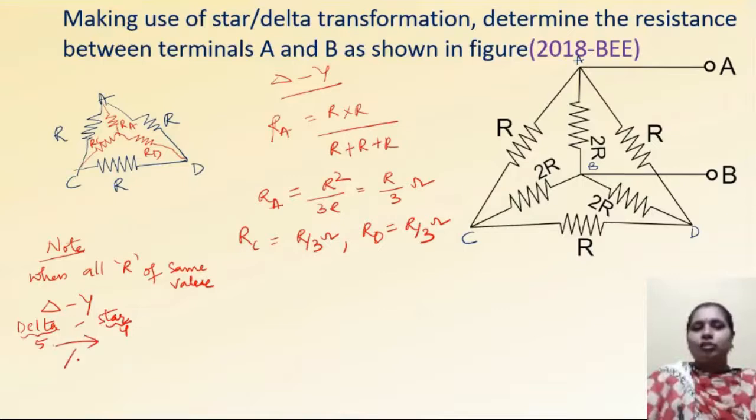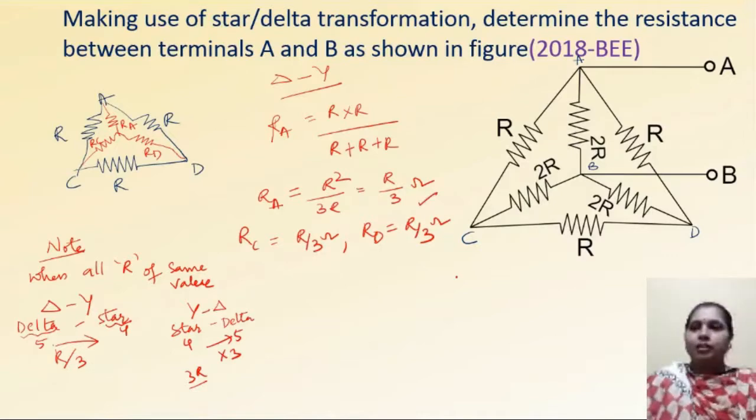So you need to divide the value of R by 3. Similarly, to convert star to delta, there is an increment in the letters, so you need to multiply by 3, so it will be 3R. Here we have converted delta to star, so we divide by 3, and that is what we have obtained.